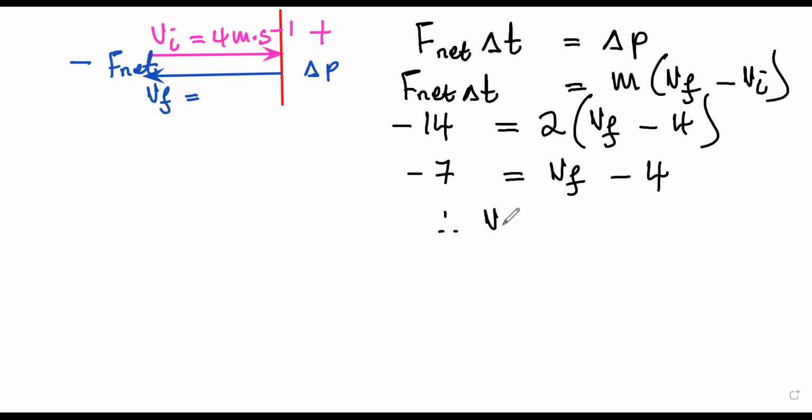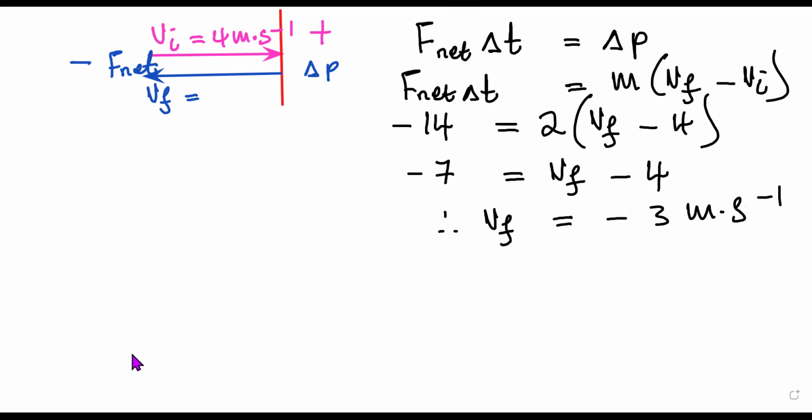And so negative 7 plus 4, it's negative 3 meters per second. Okay, it's true. The velocity has to be negative because it's now going in the opposite direction, right?